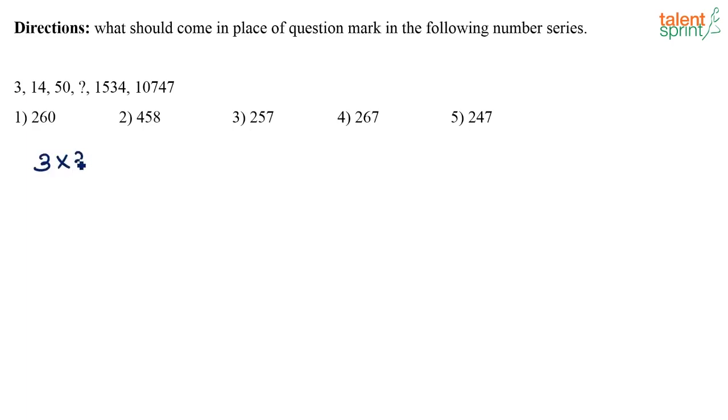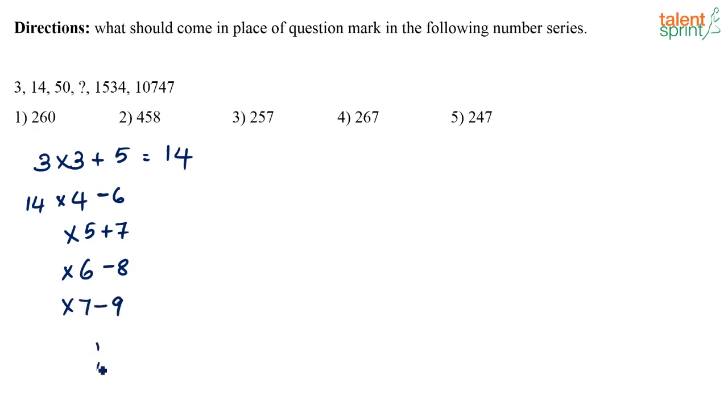See, 3 into 3 plus 5, that is equal to 14. Next one: 14 into 4 minus 6. See, this is the logic, the pattern that is being followed: into 5 plus 7, into 6 minus 8, into 7 minus 9, and so on, right? So here 3 into 3 plus 5, 3 was the first number, 3 into 3 plus 5, 14.